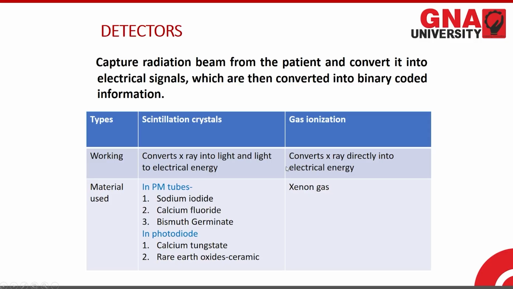To overcome this problem and make the machine more efficient, we shifted towards scintillation crystal detectors, in which the first type that we used was photomultiplier tubes, using rare earth metals like sodium iodide, calcium fluoride, and bismuth germanate. In modern day CT machines, we are utilizing photodiode detectors. Photodiodes are made up of calcium tungstate and rare earth oxide ceramics.